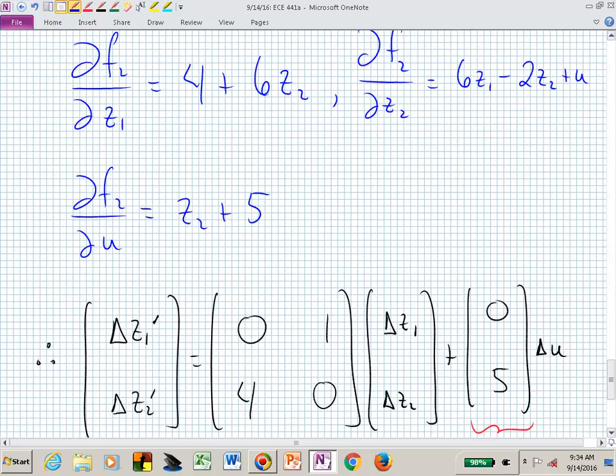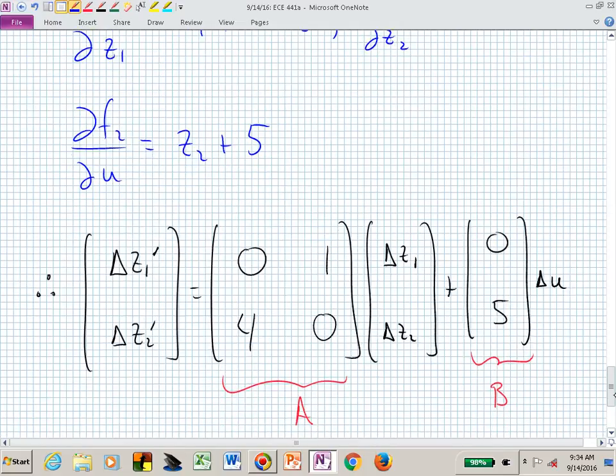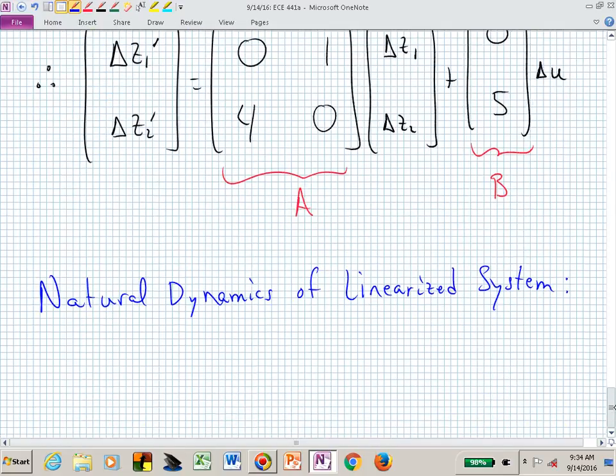Z sub 2 is 0, which gives us just 4 remaining in the partial of F2 with respect to Z1, and it only gives us a 5 remaining in the partial of F2 with respect to U. And the partial of F2 with respect to Z2 just was annihilated by those zeros for those nominal conditions. Now, did that answer your question?